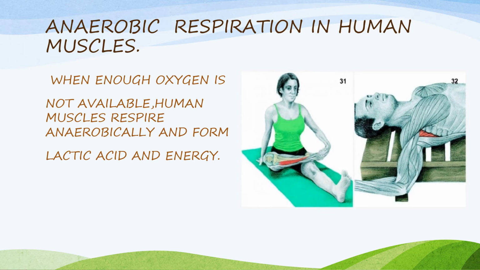When the muscles are not getting enough oxygen but need energy, they start respiring anaerobically and produce lactic acid and energy. Energy is used for the continuation of work and lactic acid accumulates in the muscle cells. When lactic acid accumulates in the muscle cells, we get severe muscle pain. This is called a muscle cramp.